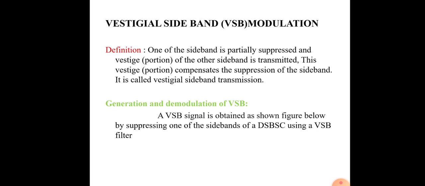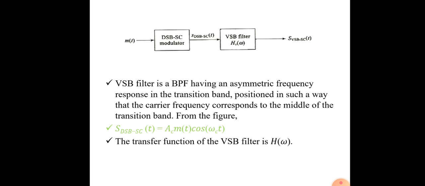The VSB signal is obtained, as shown in the figure below, by suppressing one of the sidebands of a DSBSC signal using a VSB filter. The DSBSC signal is converted into a VSBSC signal using the filter. Here M of t is the message signal, which is sent into the DSBSC modulator, and it provides the suppressed carrier signal, s DSBSC of t.